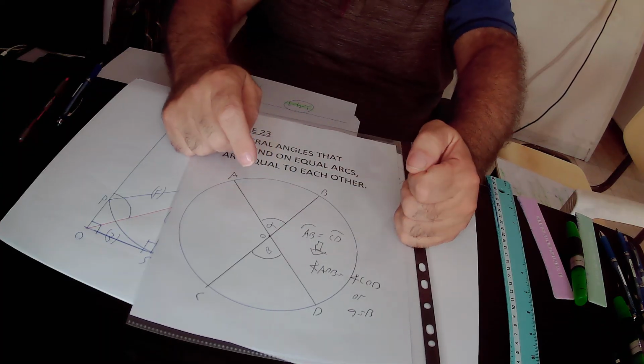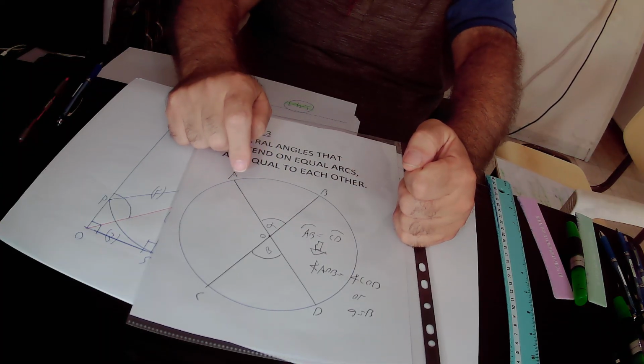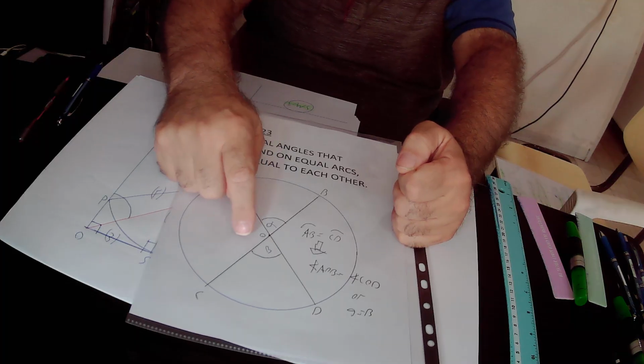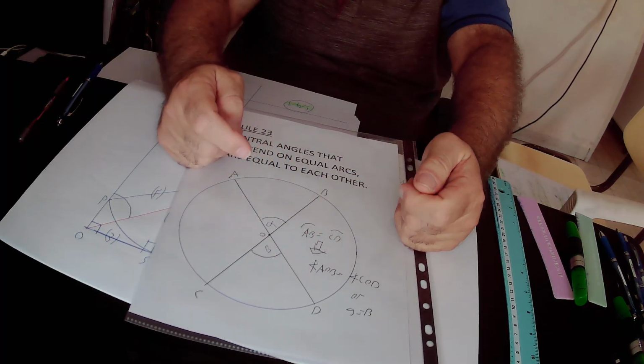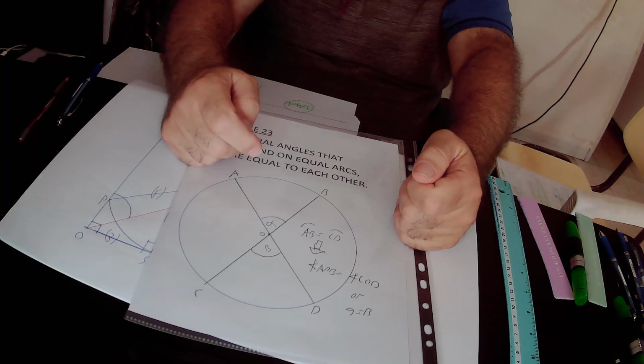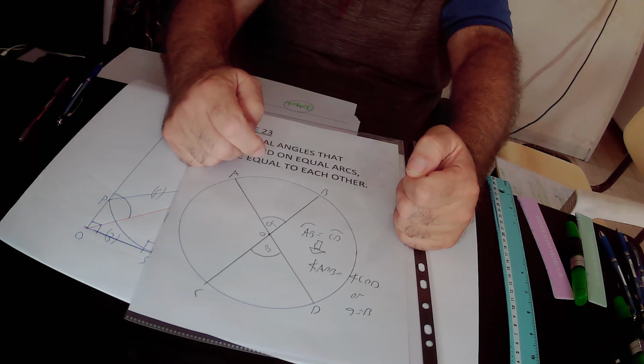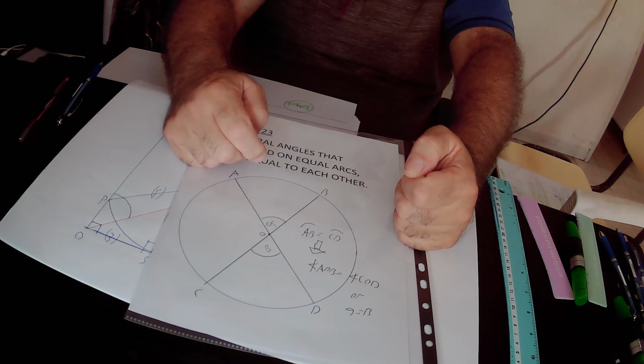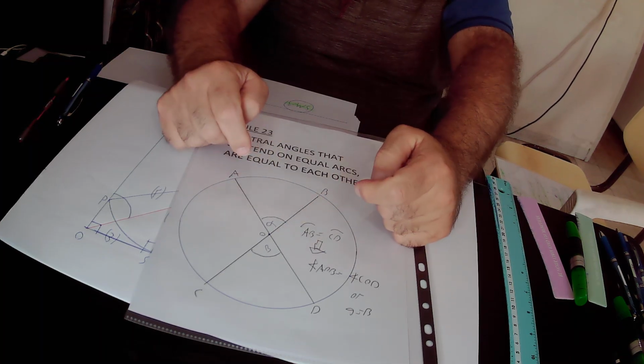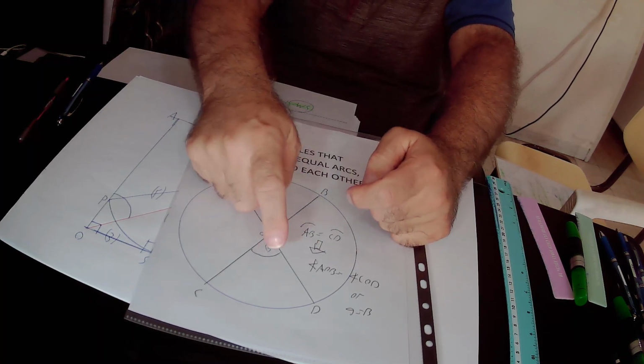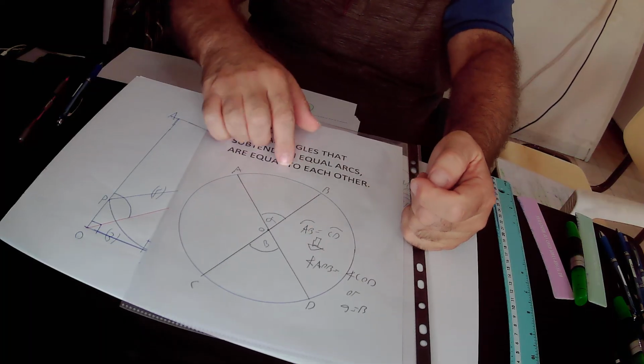That is to say, alpha equals beta, or central angle AOB equals central angle COD in its size. So whenever you have two central angles that subtend on equal arcs, they must be equal to each other in their sizes. In this case, if arc AB equals arc CD, then alpha equals beta.